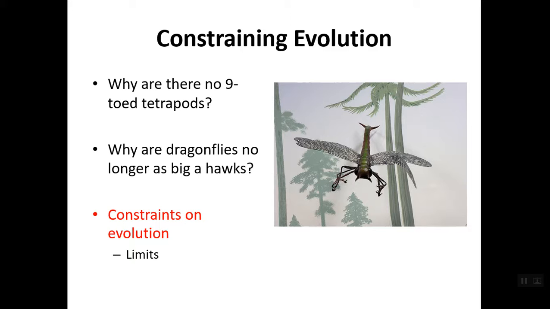Dragonflies haven't really changed much in terms of their body composition, but they definitely have changed in terms of size. Dragonflies aren't as big as they used to be. Literally, they used to be as big as a kitchen table. And we know because we have fossil record of that, and this is true for many other insects as well.